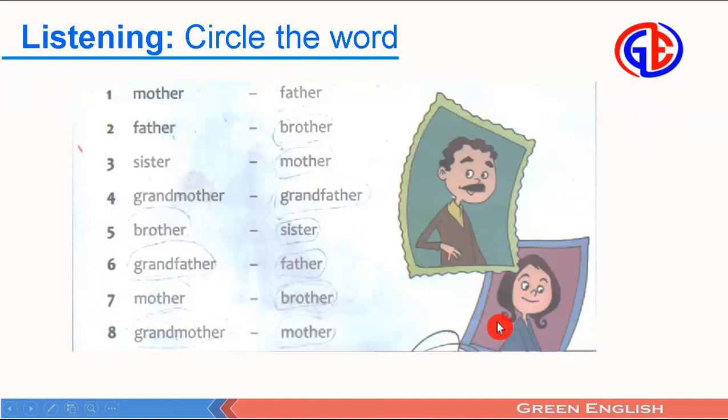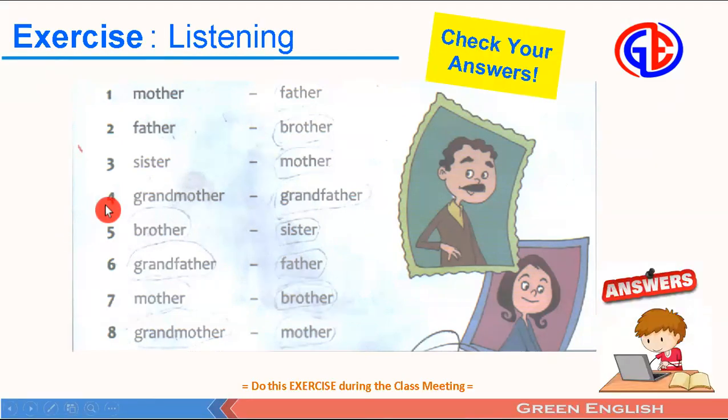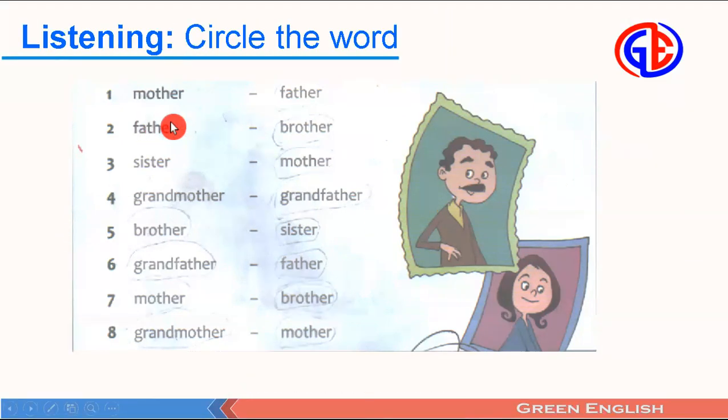And now I want you to look on these slides. I'm going to read one of these options for each of number one up to number 8, ya. Aku akan baca salah satu dari family members di setiap nomor ini.